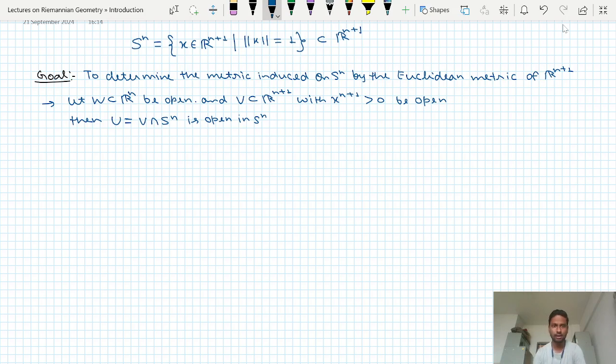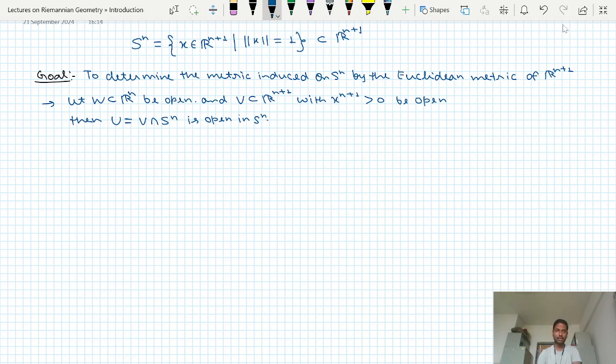Since our Sn is sitting in Rn plus 1 and I needed an open subset of Sn, I picked up an open subset of Rn plus 1, intersected it with Sn, and I got an open set of Sn. In subspace topology, we actually proved that these are one kind of open sets that you can construct using the open sets of the ambient space.